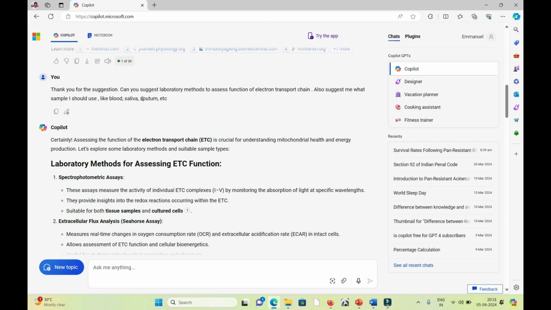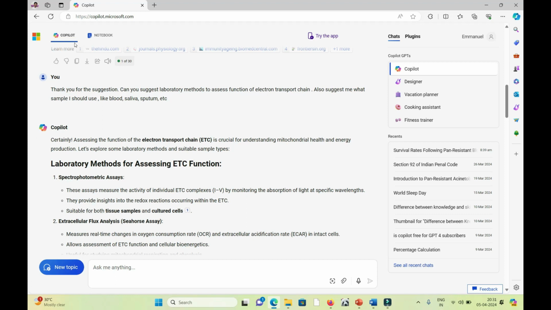So what I am asking now is, since I have chosen the electron transport chain, to suggest a laboratory method to assess the function of the electron transport chain. I have decided that I will look at the electron transport chain and also oxidative phosphorylation.